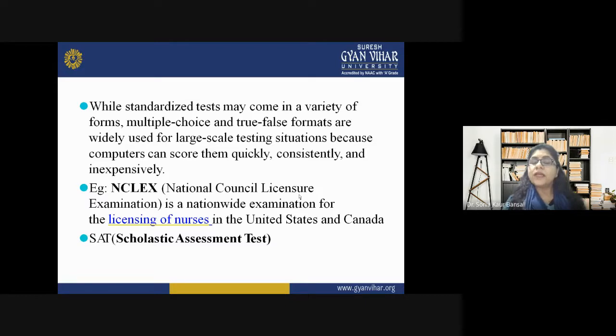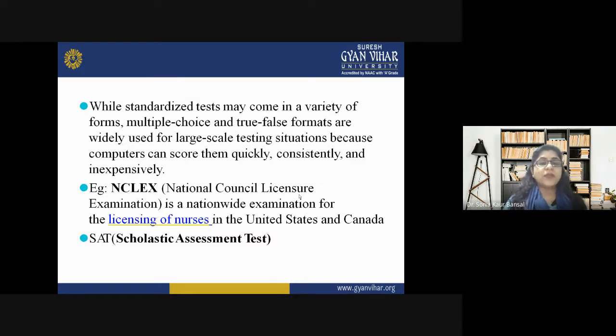When you have multiple choice questions in your standardized test, the correct options are already fed or saved in the computer. On the basis of the responses the respondents have given, the calculation of the marks is done with just one click, and it saves the time of the researcher also.